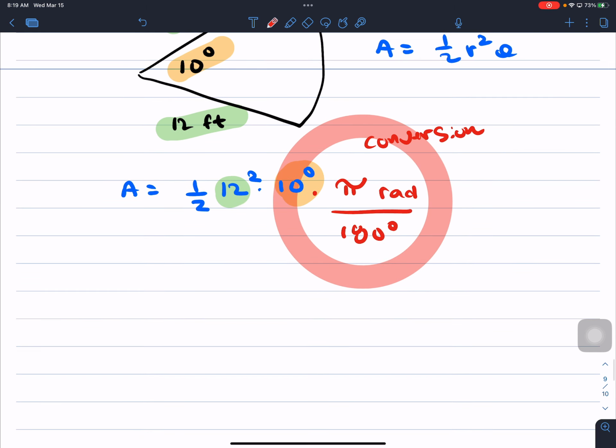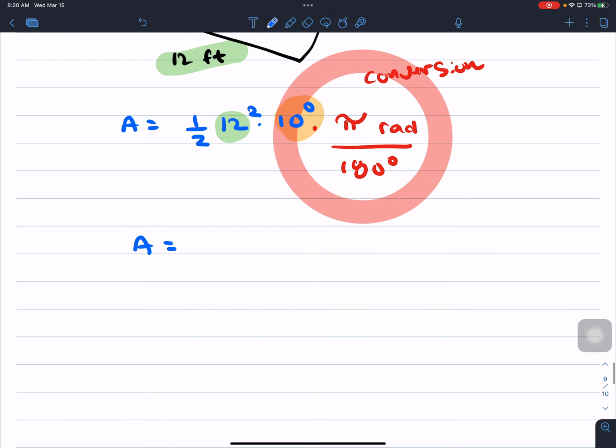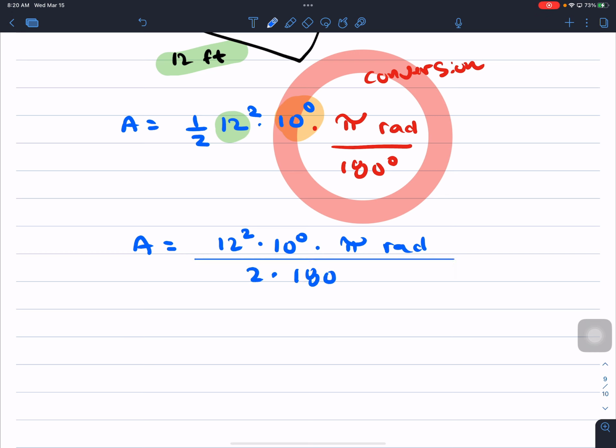And so now let's look at the arithmetic here, okay? Because this is an extremely important process to see the arithmetic. Here's the deal. 12 squared, 10 degrees, pi radians over 2 times 180 what?